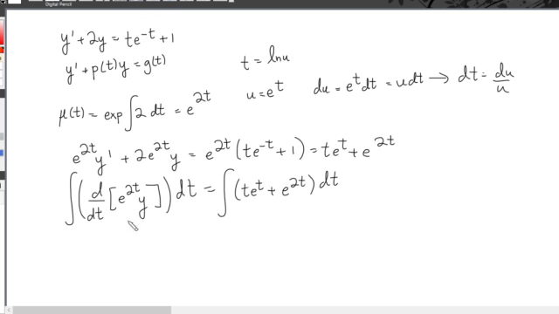So then this is e to the power of 2t times y. And, okay, first I'll integrate this, I guess. So, okay, so the integral of t et dt.